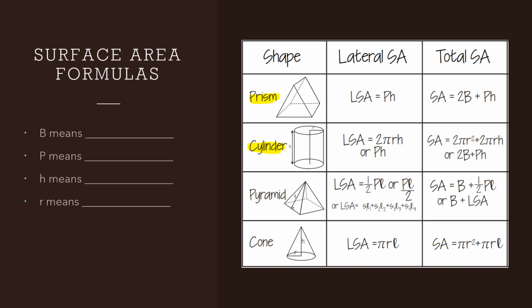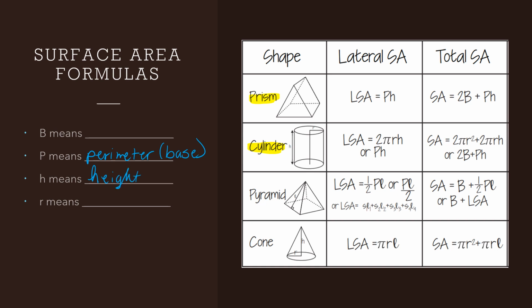So in the formulas, it's got some different letters that you might not be familiar with. So for prisms, your lateral surface area is P times H. P stands for perimeter, and that's specifically the perimeter of the base. And then H is your height of your prism.